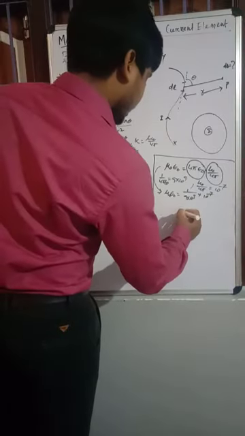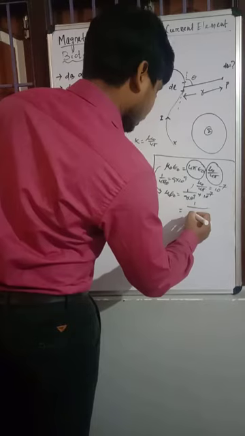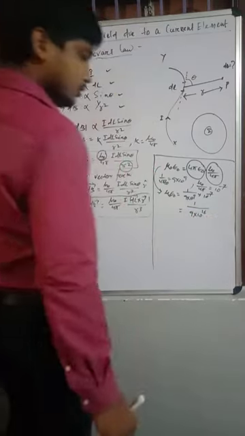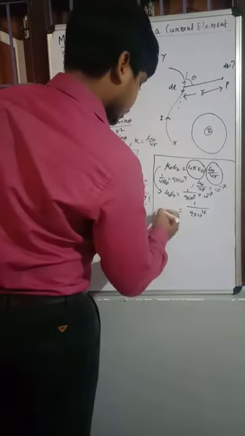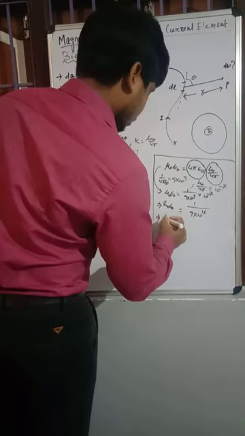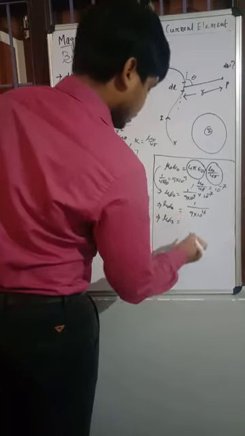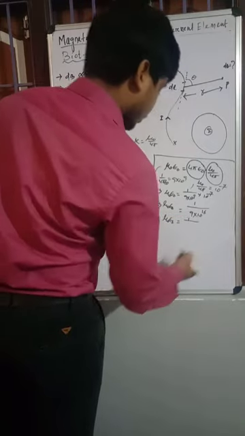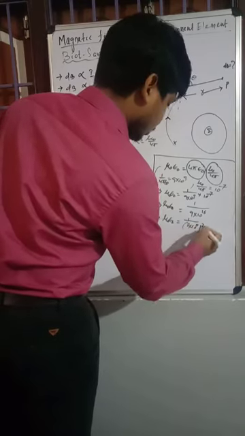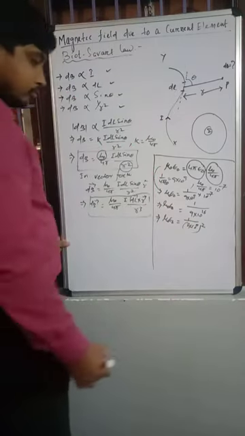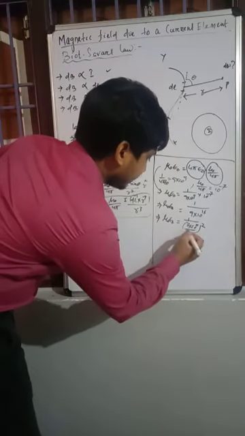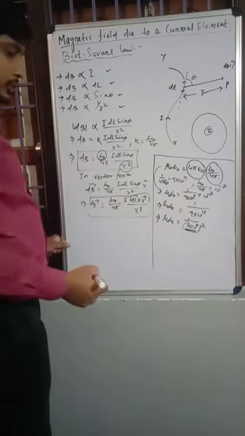So this will be written like 1 by 9 into 10 to the power 16, or this mu naught epsilon naught is equal to 1 by 3 into 10 to the power 8 whole square. This will be 9 into 10 to the power 16, and we know that this one is our c, speed of the light.